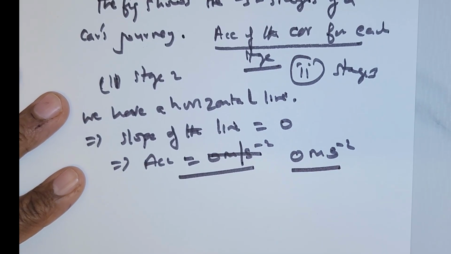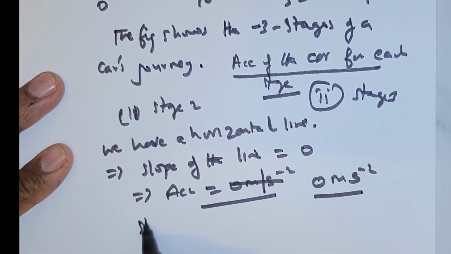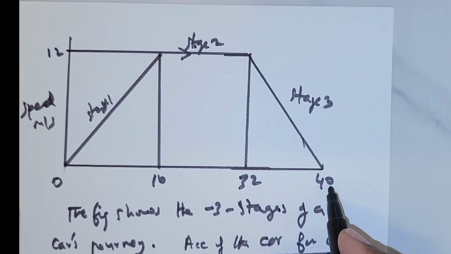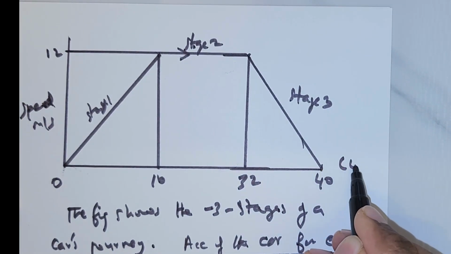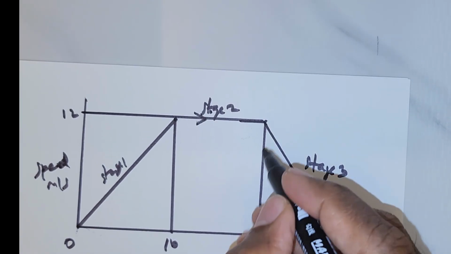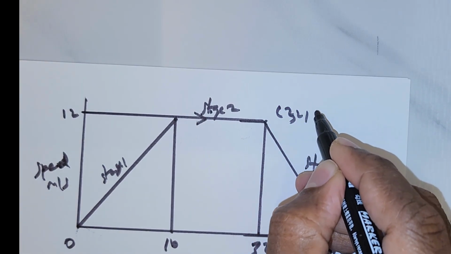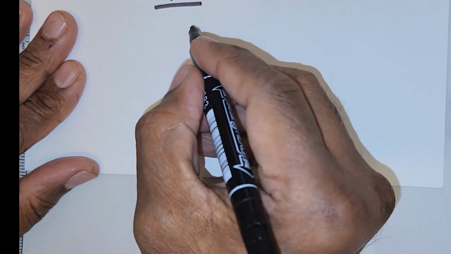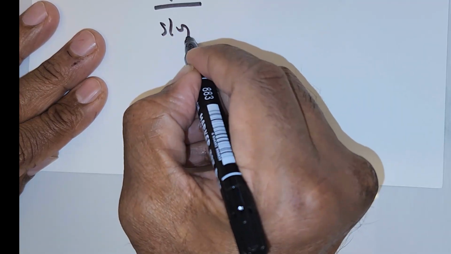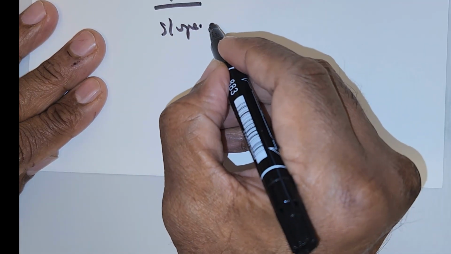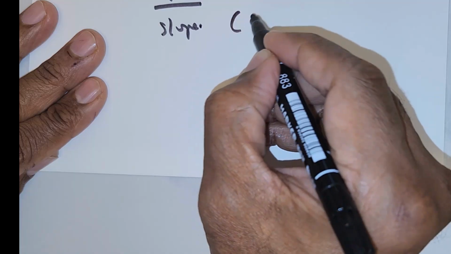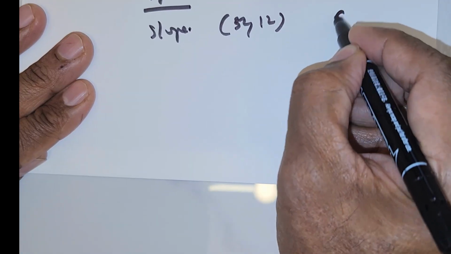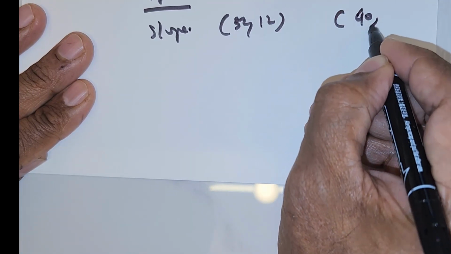Okay, so now for stage 3, see this coordinate is (40, 0). This coordinate is (32, 12). Okay, so we will have to find the slope with the coordinates being (32, 12) and (40, 0).